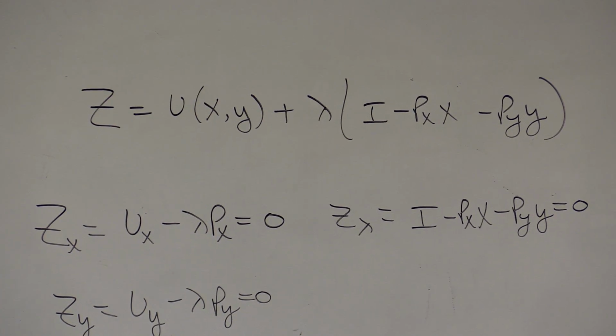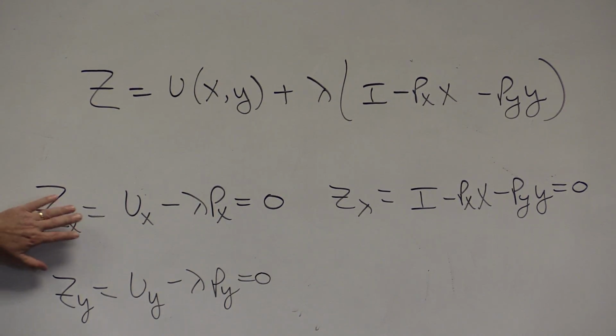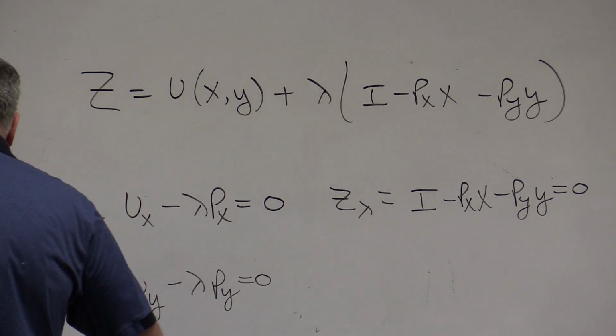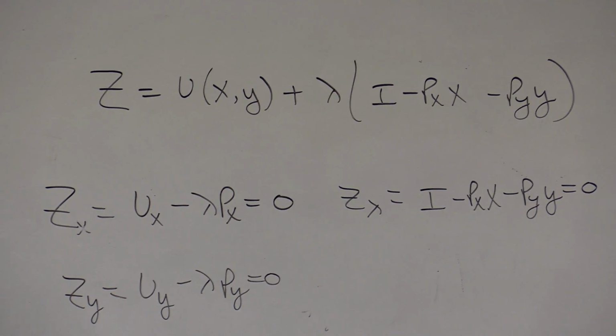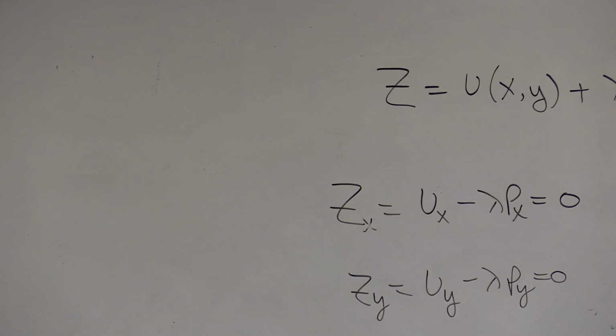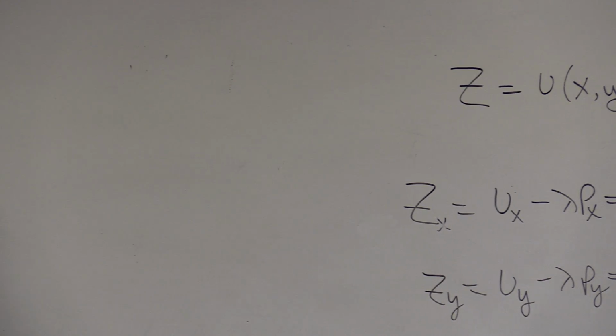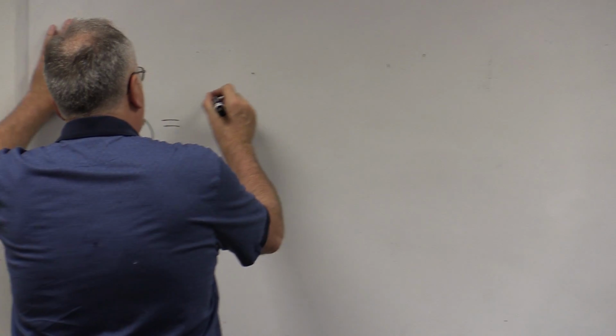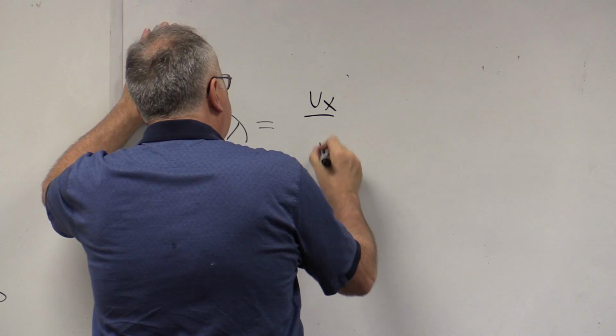Now notice, if you just solve for lambda from these two conditions, what do you get? You get lambda equals, from this equation, u sub x divided by p sub x.